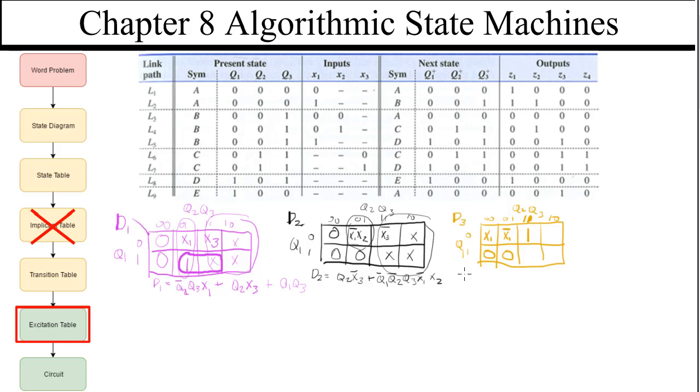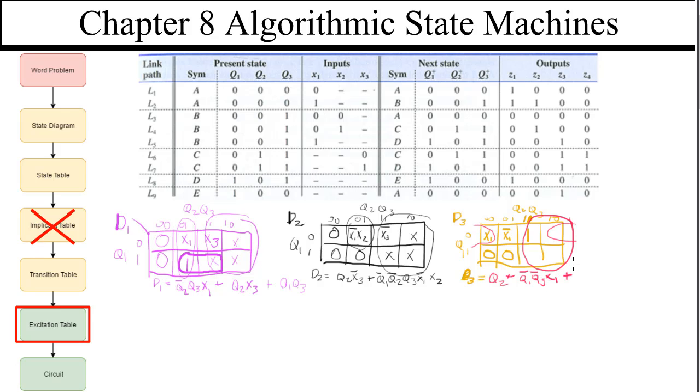So D3, all right, let's do a big party here with this 1. So that's going to be, let's see, Q2, Q3 is changing its mind, Q2, and then we can have a party right here with X1. So that's going to be Q1 bar, and Q2 is changing its mind, so it's Q3 bar and X1.